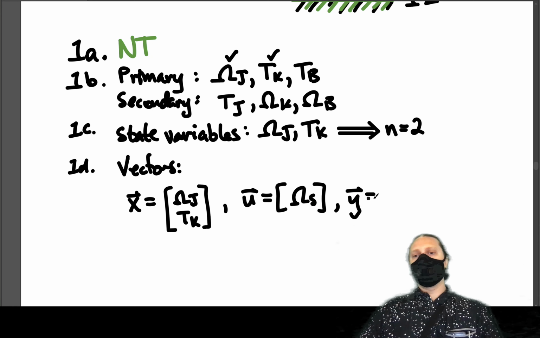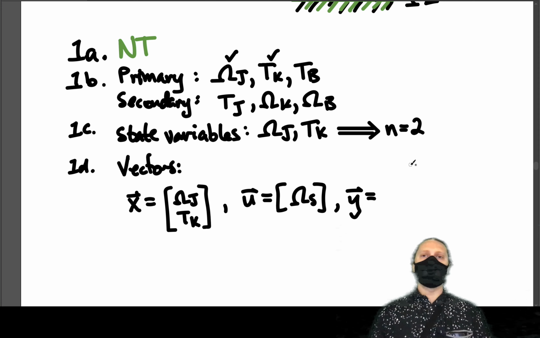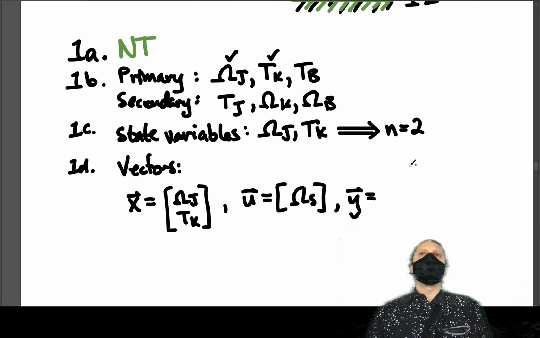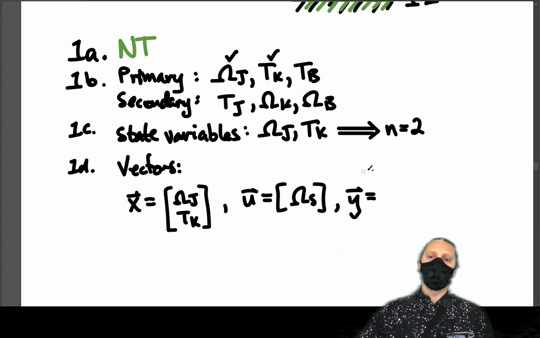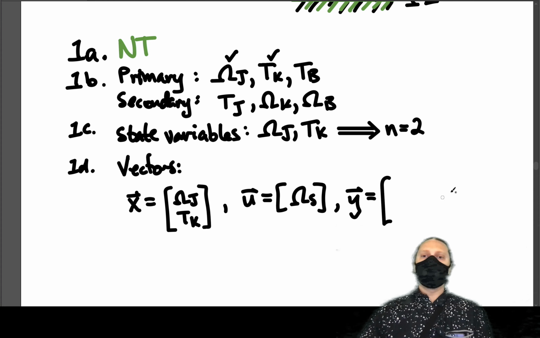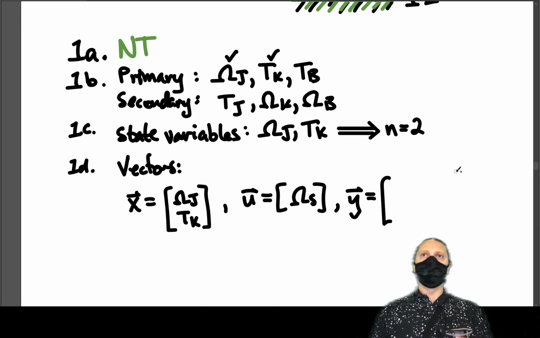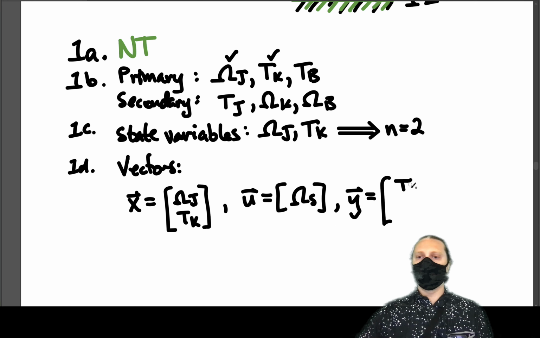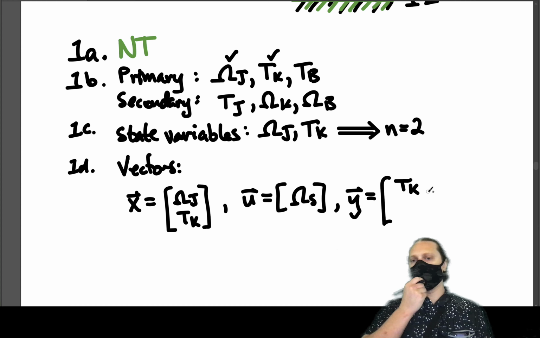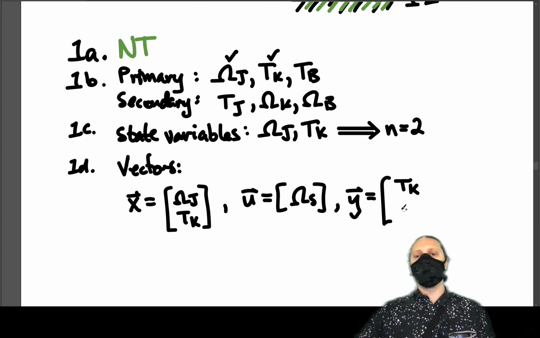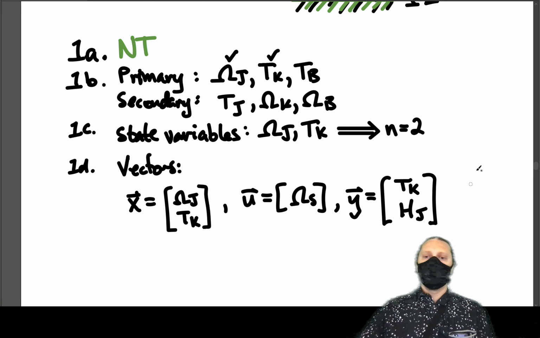The output vector is the vector of all the variables that are interesting to us. We made up this problem, so we get to make up what's interesting to us also. Let's choose, maybe we're interested to know what the torque in the flexible shaft coupling is going to be, because maybe we're worried about a failure. So maybe we take the torque through the spring. And let's also take the angular momentum of the flywheel.